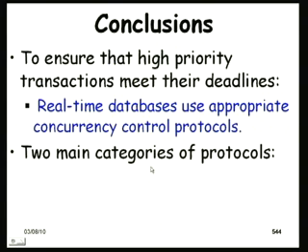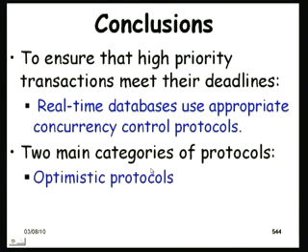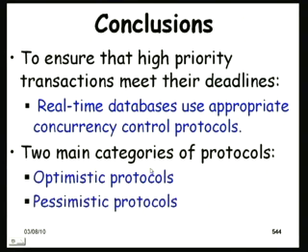And we discussed two main categories of protocols, the optimistic protocols and the pessimistic protocols, and we also discussed the situation in which each one works well. If chances are that the database can become heavily loaded, then pessimistic protocols would have to be used, whereas if the database would only be lightly loaded all the time, then the optimistic protocol should perform well.